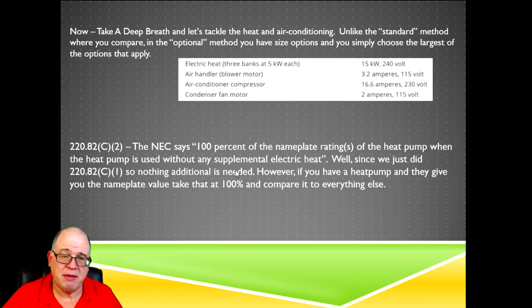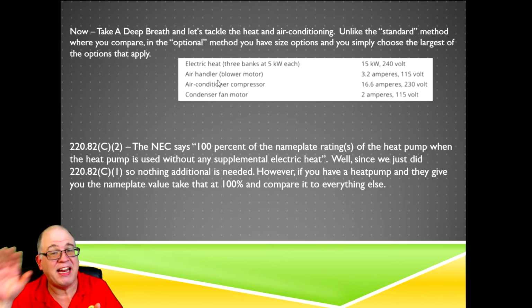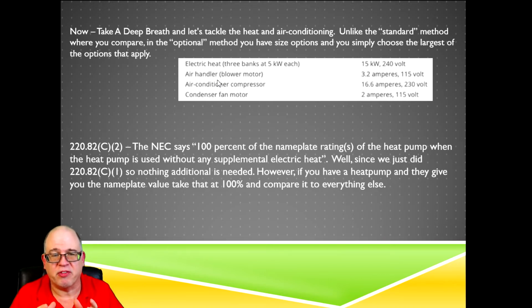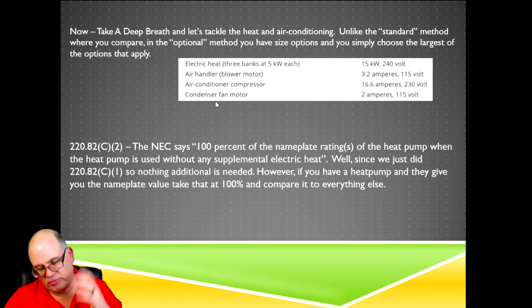Then, if I did have a heat pump without the supplemental heat, I would only use the AC portion of that heat pump, or the heat pump's value, at 100% of its nameplate. Okay? All right, but sometimes I do have a heat pump with supplemental heat. So I'm just trying to give you all the possible scenarios.